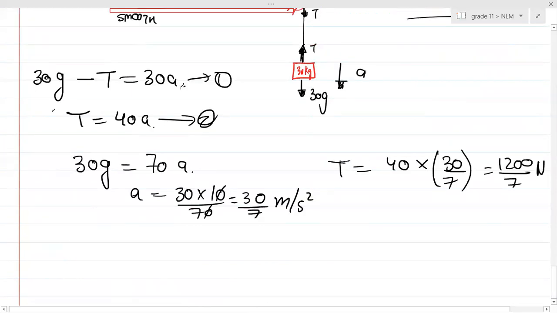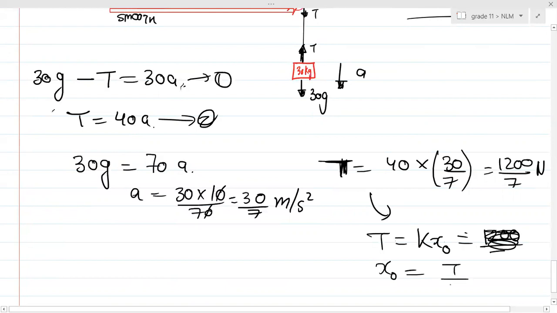When you got the tension, after getting tension, what will you do? This tension will be providing the extension. So tension will be equal to k x naught. Hence, x naught will be equal to T by k.